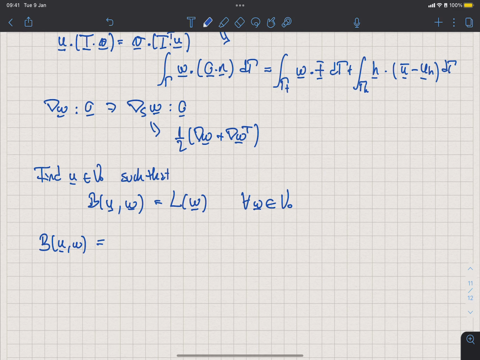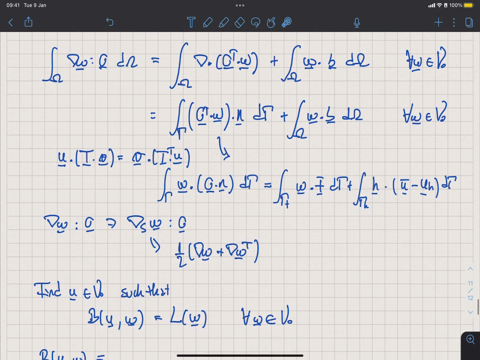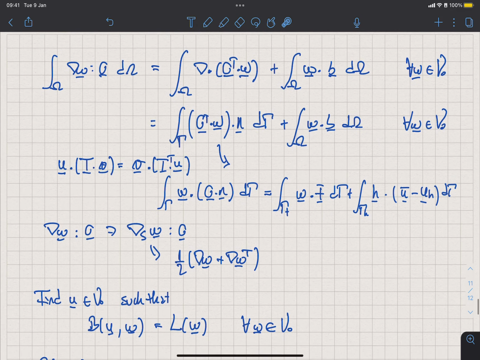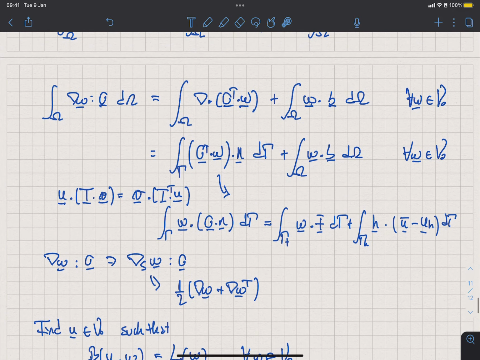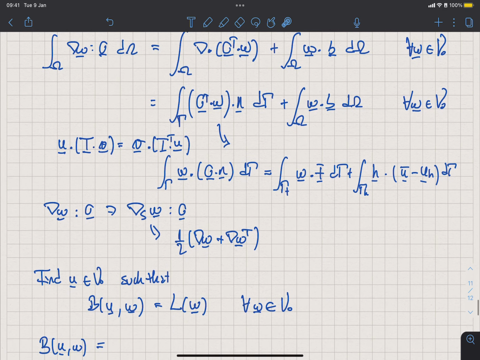Everything that has U and W is going to be part of the bilinear form, so this term here is going to be part of the bilinear form. And then everything that does not have U is going to be part of the linear form, and we're talking about these two terms right here.